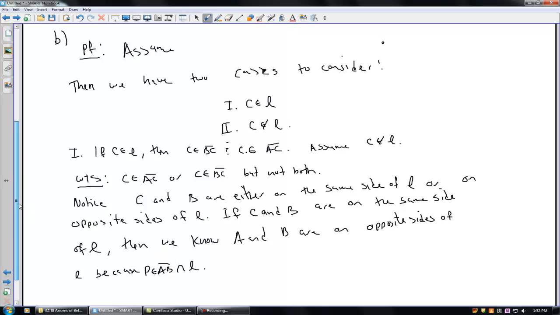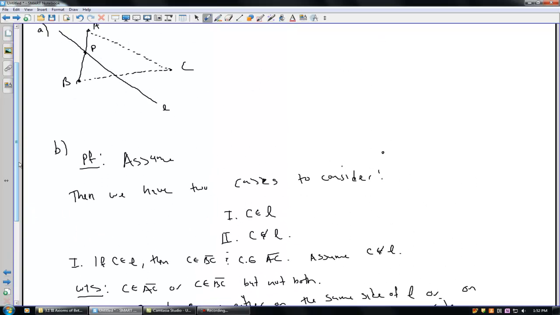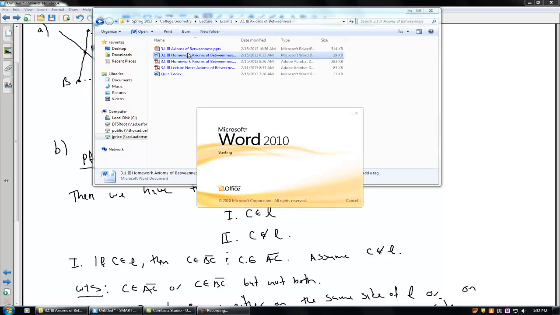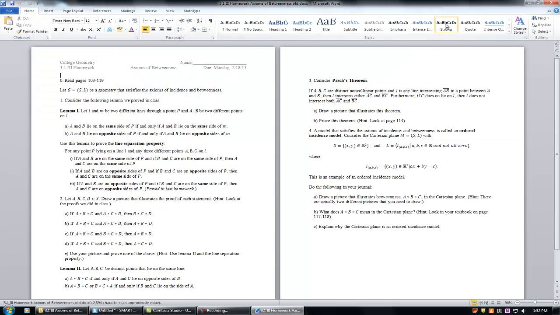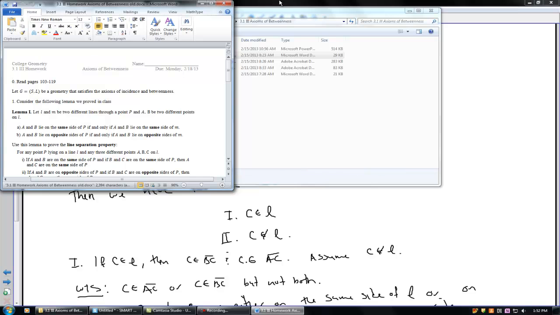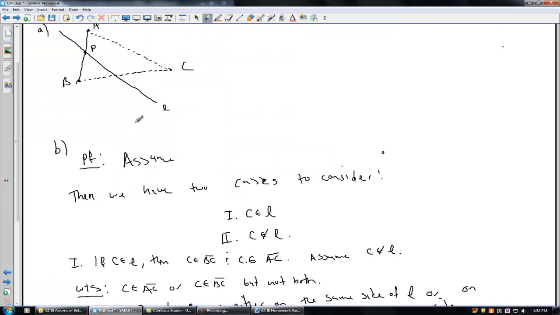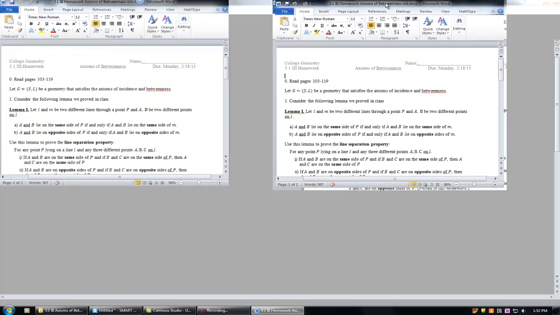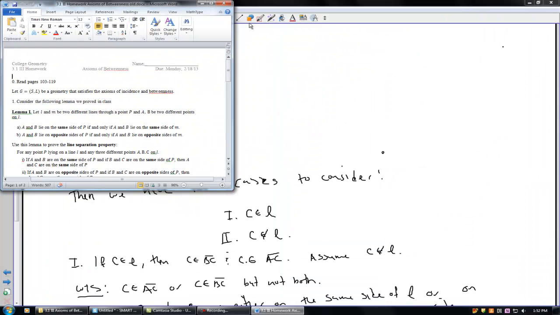If you want to try to justify this further, you can. If you look at the homework, which I closed, so I have to reopen it, it's going to tell us what.